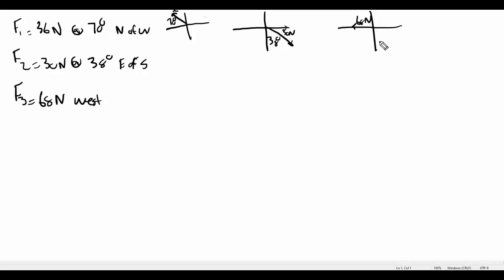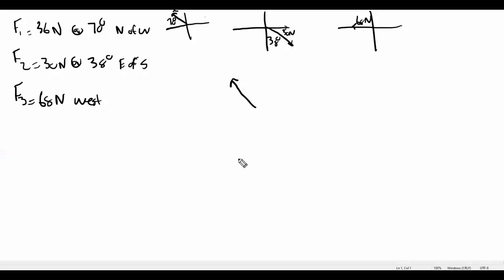Okay, now, so you get a point for that. You're told to add F1 and F3 using the tip-to-tail method qualitatively. So with the tip-to-tail method, you start with one of the two vectors. It makes no difference which one. So let's start with F1 here.